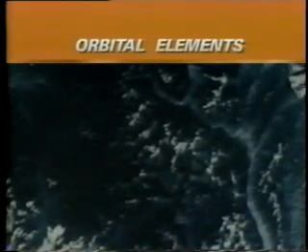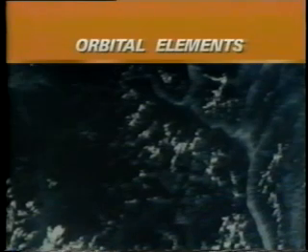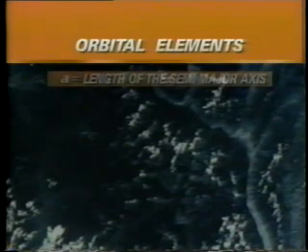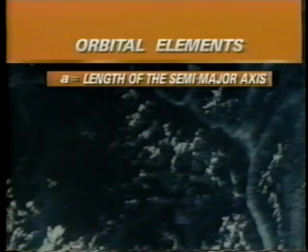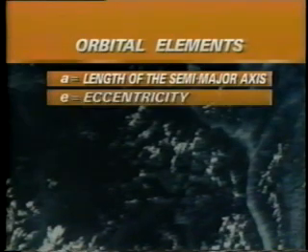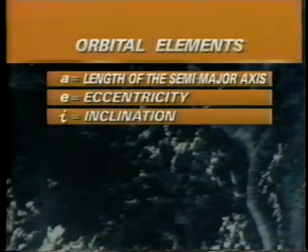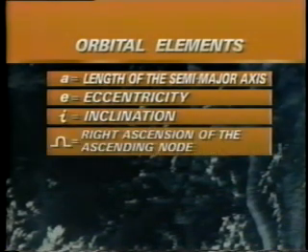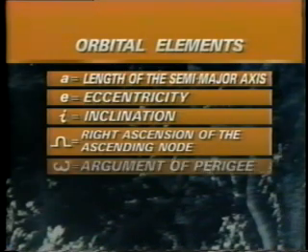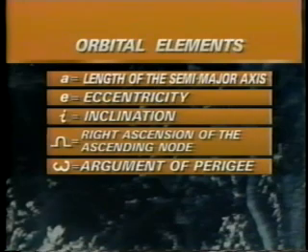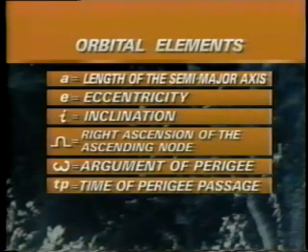Based on an orbit which is an ellipse, the 6 orbital elements are: length of the semi-major axis, eccentricity, inclination, right ascension of the ascending node, argument of perigee, time of perigee passage. The major axis of an elliptical orbit is the line joining the perigee and apogee.